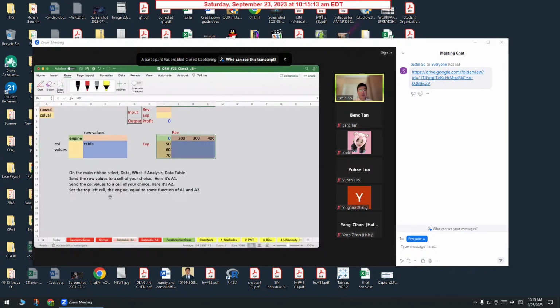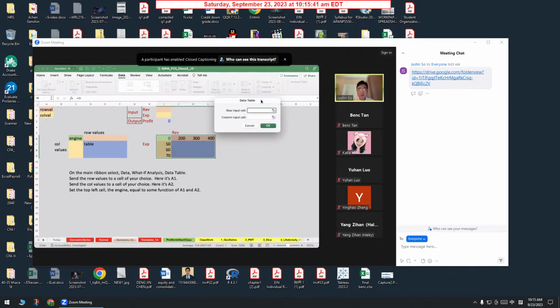So now, when we have this, we select this entire thing, and then there's the instruction on the bottom. In the main ribbon on the top menu, go to Data, What-If Analysis, and Data Table. I recommend you do this one with me if you have not seen it before. Data, What-If Analysis, Data Table.